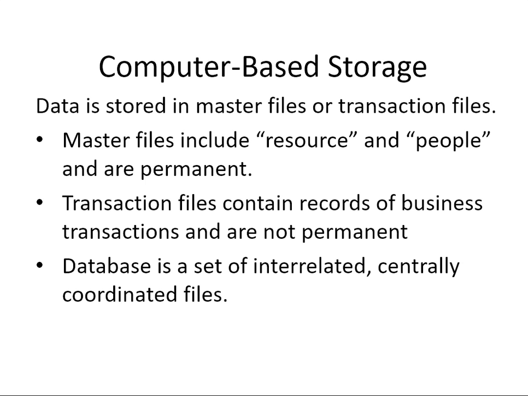Then we also have transaction files, which contain records of business transactions that are not permanent. The analog of a transaction file is the journal entry in accounting. So we record the journals every day, then the information will be posted to the ledger, to the master files.